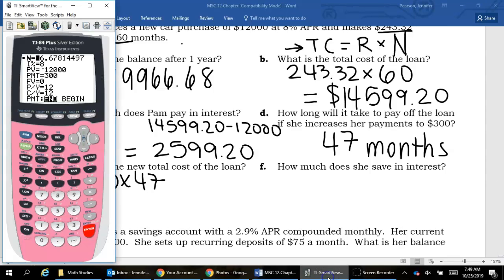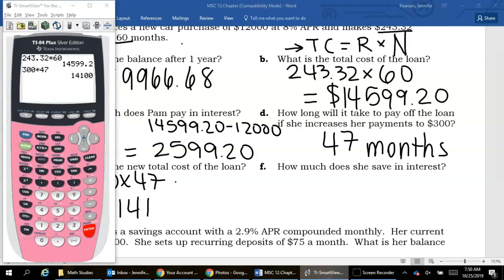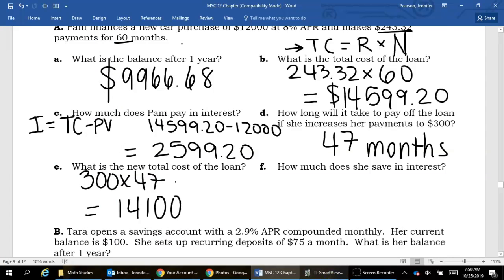And I'm going to go here. I'm going to exit the application. 300 times 47 is $1,410. I didn't read that right. $14,100.